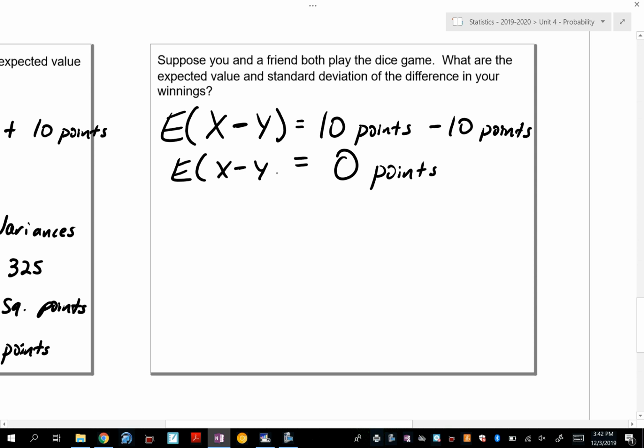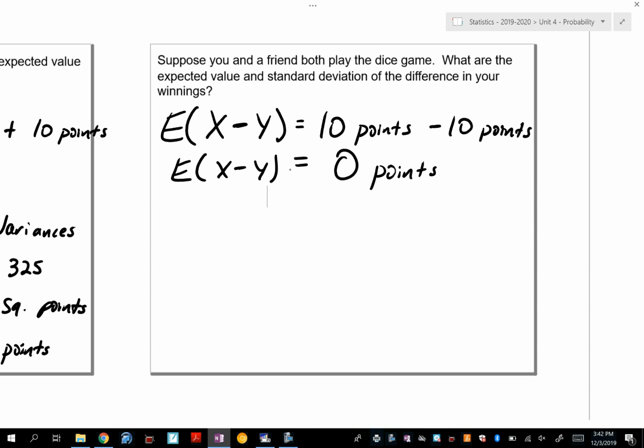It'd be 0. Now here's where it gets crazy, super kooky. We are doing the difference, which is subtraction, but to find the standard deviation of this, we're still going to add the variances. I know.